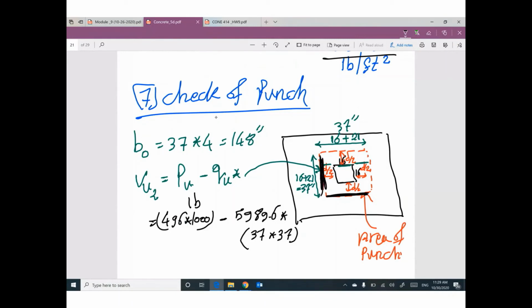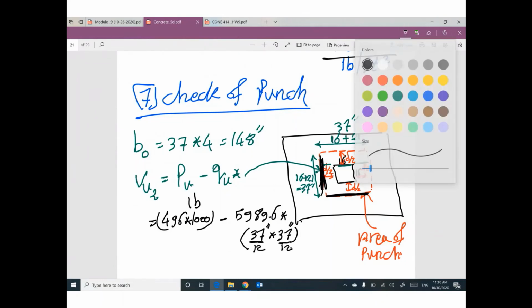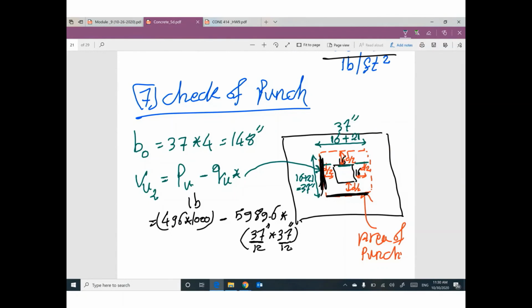But 37 is in inches, so I will divide it by 12. Why? To convert it to feet, because this Q ultimate is in pounds per feet square. If you multiply pounds per feet square times feet square, your value will be in pounds, so I can subtract it from this value, which is in pounds.